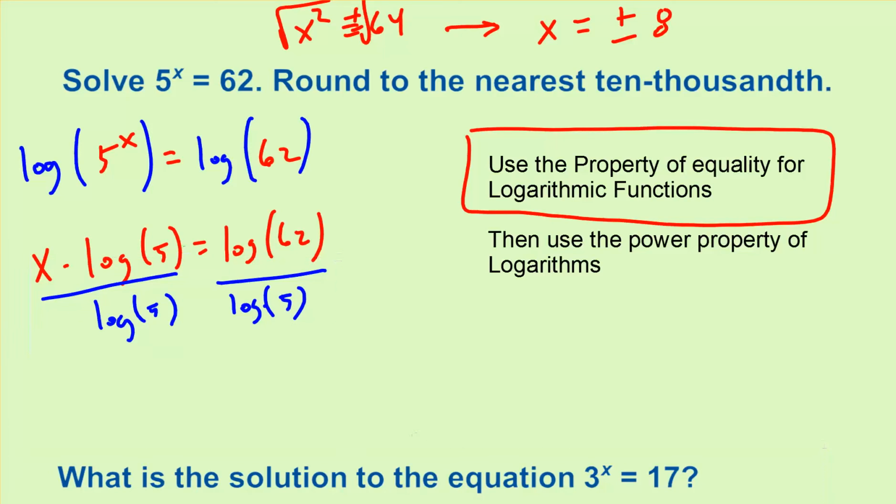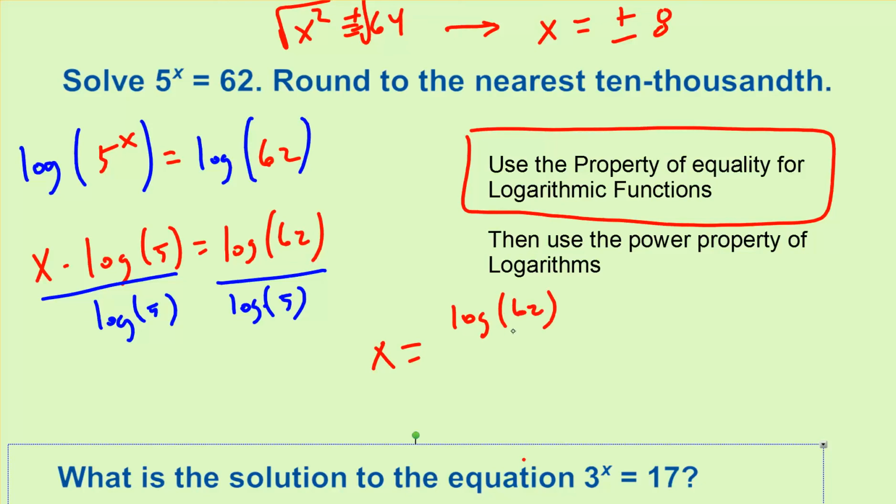Then I have x equals log of 62 divided by log of 5, and then you drop that into your calculator. Log of 62 divided by log of 5, and I think it is about 2.5643.